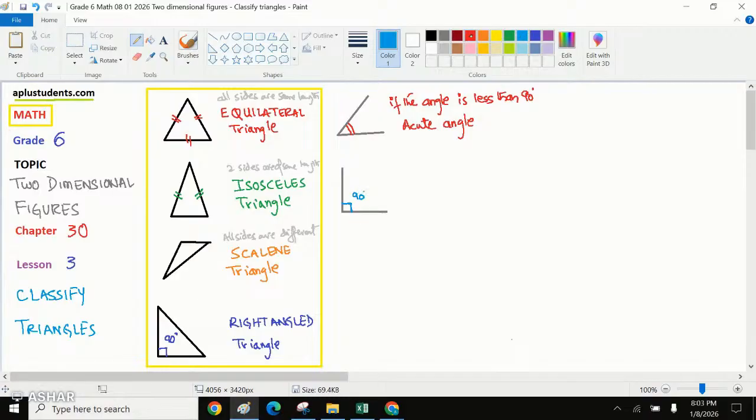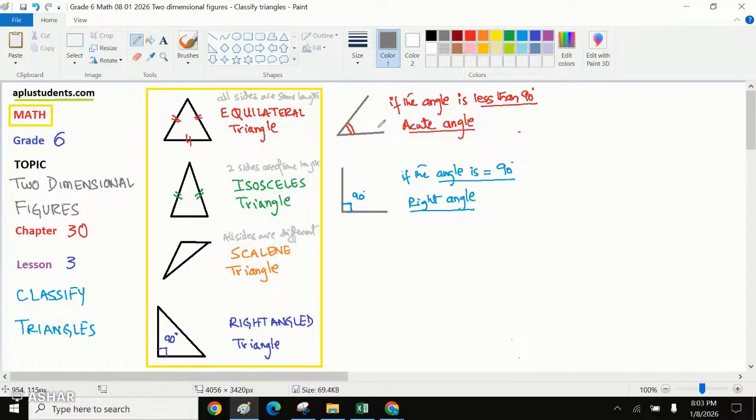So if the angle is equal to 90, we can say right angle. This would be right angle. Agreed? So now what we did consider was less than 90, acute angle. If the angle is equal to 90, right angle, right?